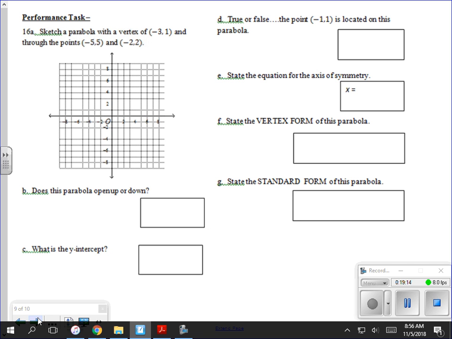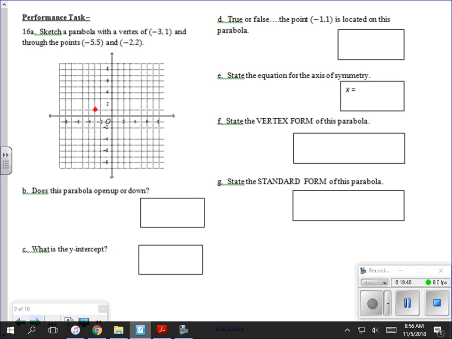So the performance task. I do not do these in order. I do A first, and I do B, and then I kind of go from there. But I do A first because you plot the points. The vertex is negative 3, 1. There's my vertex. And then I have 2 other points.